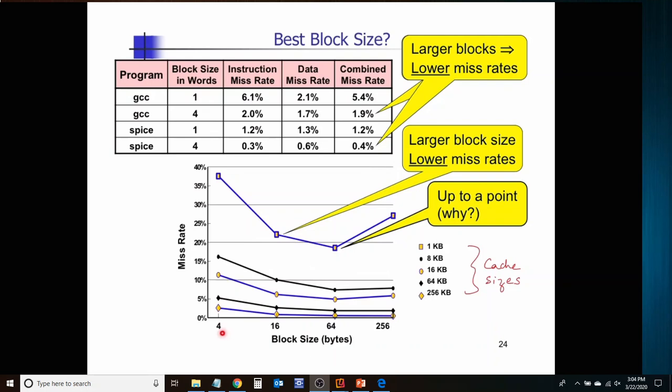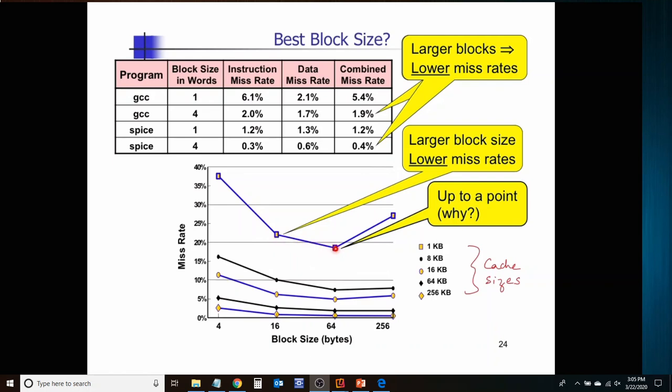If you have 4 words per block, this is bytes, so 4 bytes. That is going to be 1 word. Your miss rate is higher. As you increase the block size, it goes lower. So when it goes lower, we are essentially leveraging spatial locality very well to lower this miss rate.